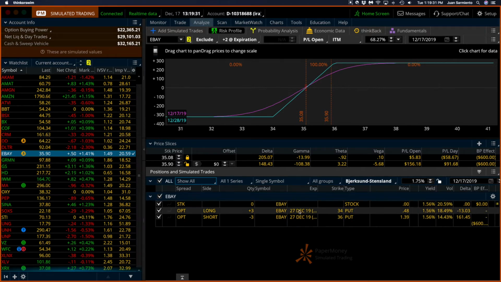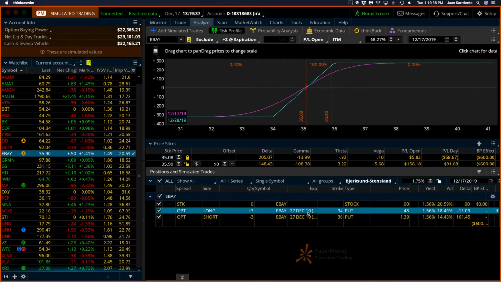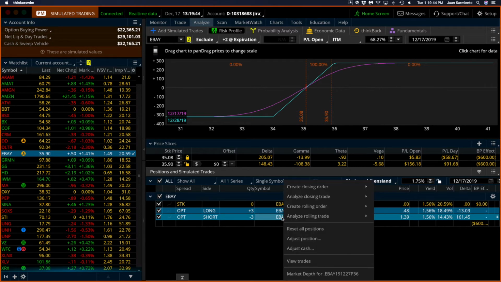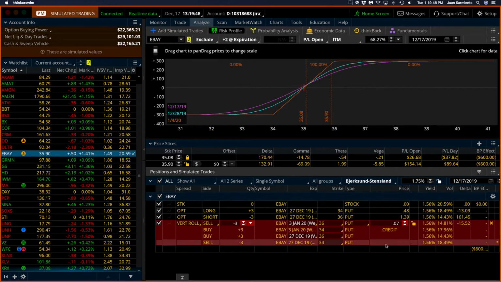What you can do with this, if you don't want to close the trade and you're getting close to expiration, is do a rollover. And you select the two legs and then say analyze rolling. And this is a vertical roll, and that extends it to some other month.